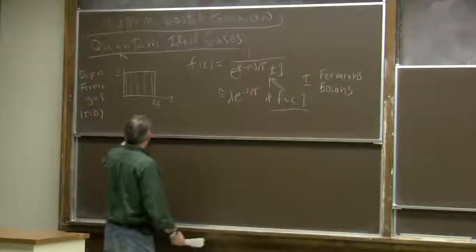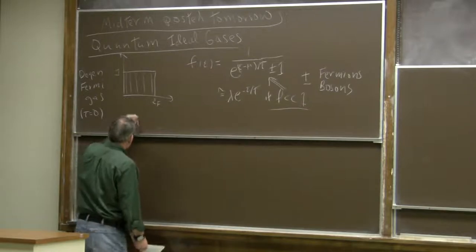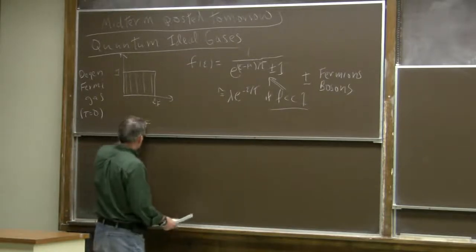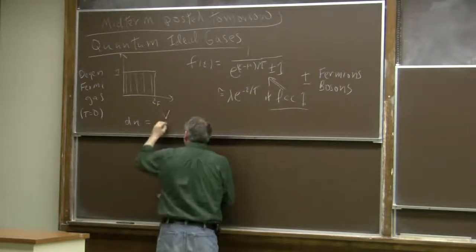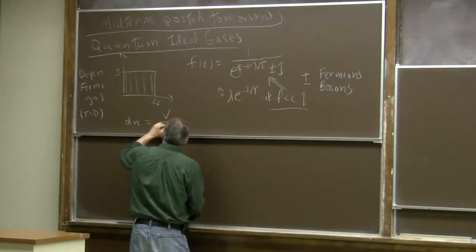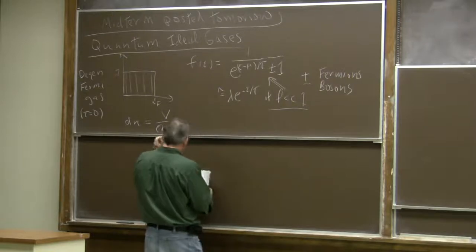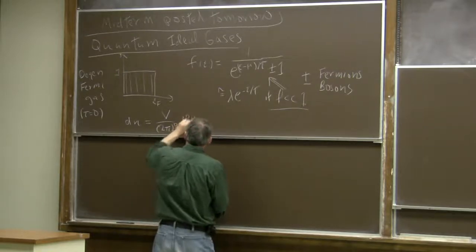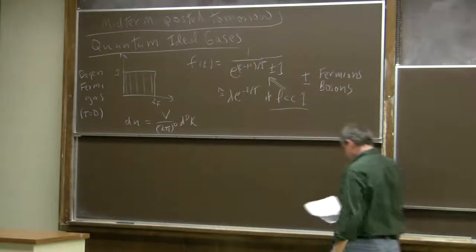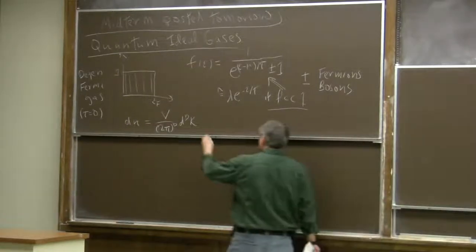Now, we know that counting orbitals can be expressed, in d dimensions, as a d-dimensional spatial volume divided by 2 pi to the d times a d-dimensional wave number integral times a possible spin factor.